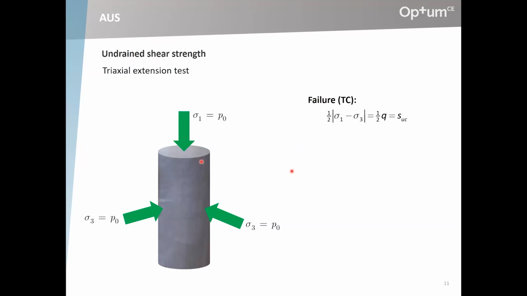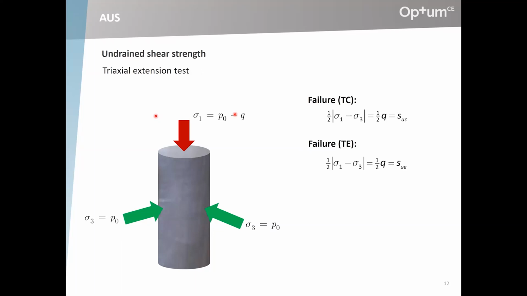So it's the same thing. The initial sample preparation is the same as the compression test, but then instead of increasing the vertical stress, we actually decrease it. And that, of course, will also lead to an increase in the difference between sigma 1 and sigma 3. And once that reaches a critical magnitude, then we have failure. And we indicate that by this constant here, SU, E for extension.